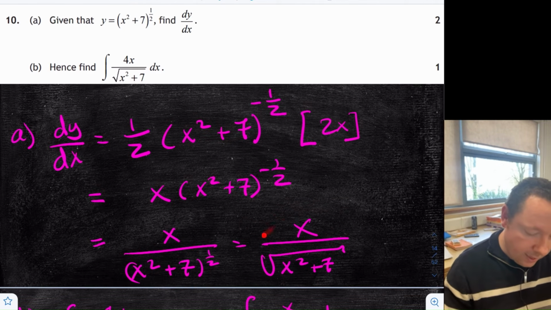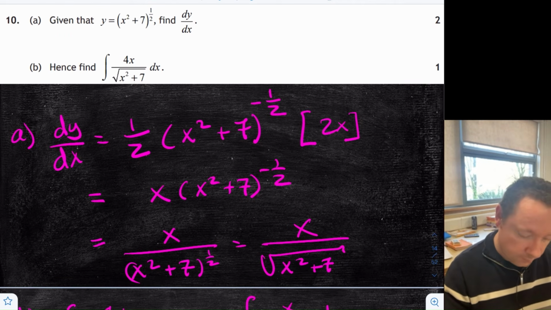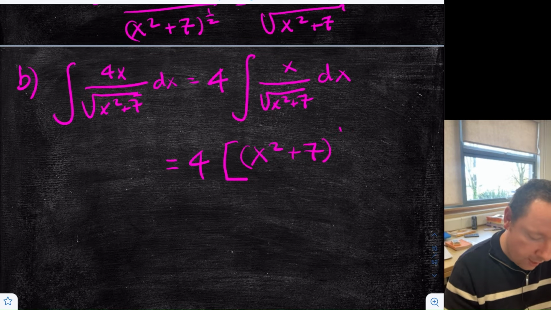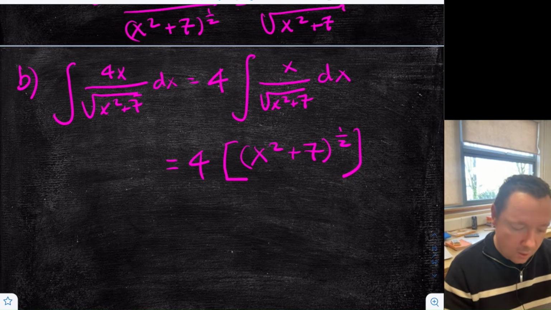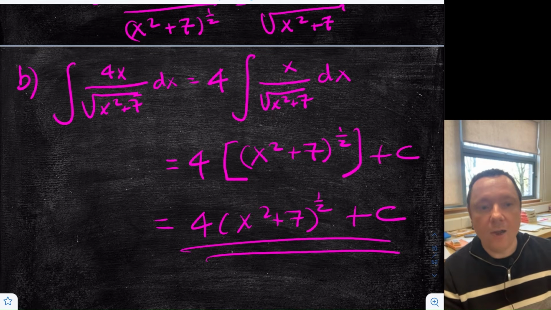This integrated is exactly that, so I can just write the integral as x squared plus 7 to the half. Simple as that. So that means my answer is 4 times x squared plus 7 to the power of a half. I've forgotten my plus c, so there we are, plus c, and we're done there.